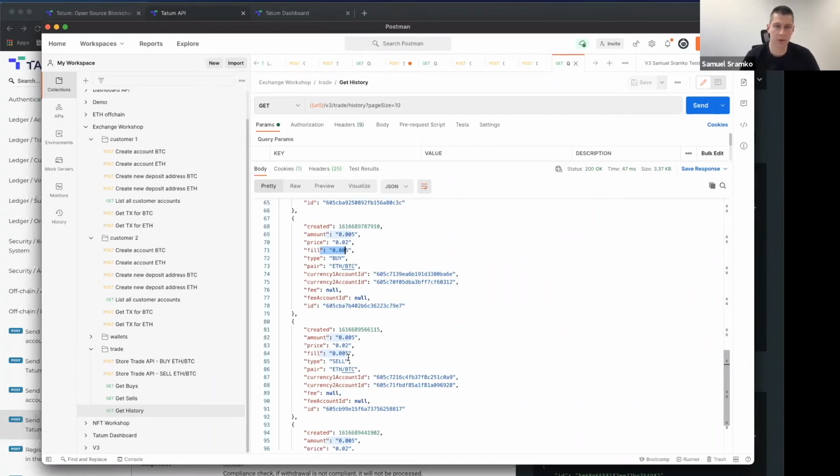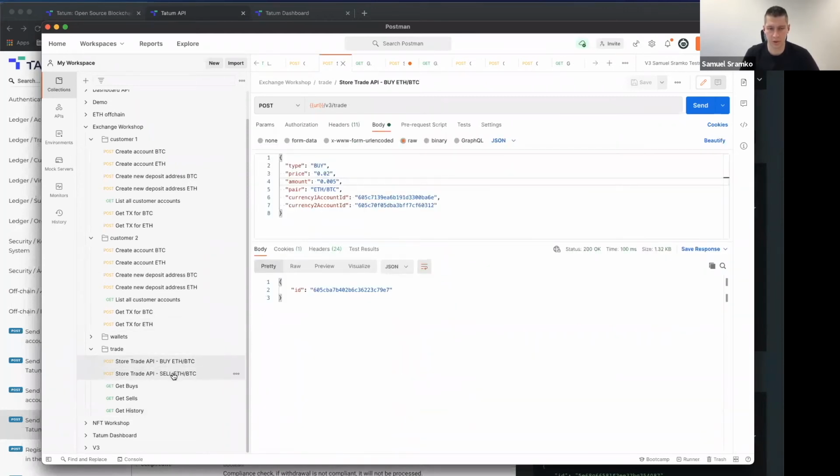We were able to list all the customer accounts, and list the transactions for every account we support for the customer. We were able to open the buy trade, open the sell trade, and see the history of closed trades and the list of currently opened trades.